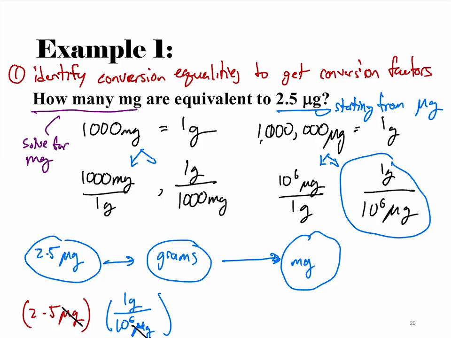So now we know we have a conversion factor between grams and milligrams. Which one are we going to use, the left or the right here? We should use the left. Why would we use the left? Because we want the milligrams, and we know we have units of grams in the numerator here. If we multiply by this conversion factor, the units of grams are going to cancel out with each other, and we'll be left with milligrams.